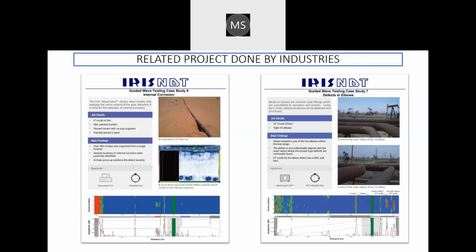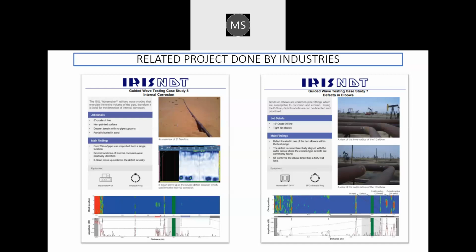This is the related project done by industries, which is Iris NDT, a company from Germany which is specialized in NDT. So in the first picture we can see a guided wave testing on internal corrosion.